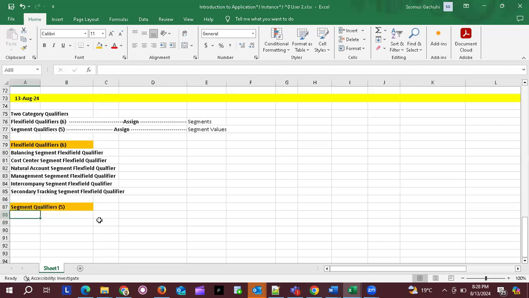So what are they? We have allow posting. We have allow budgeting. We have account type. Account type. We have third party control account.